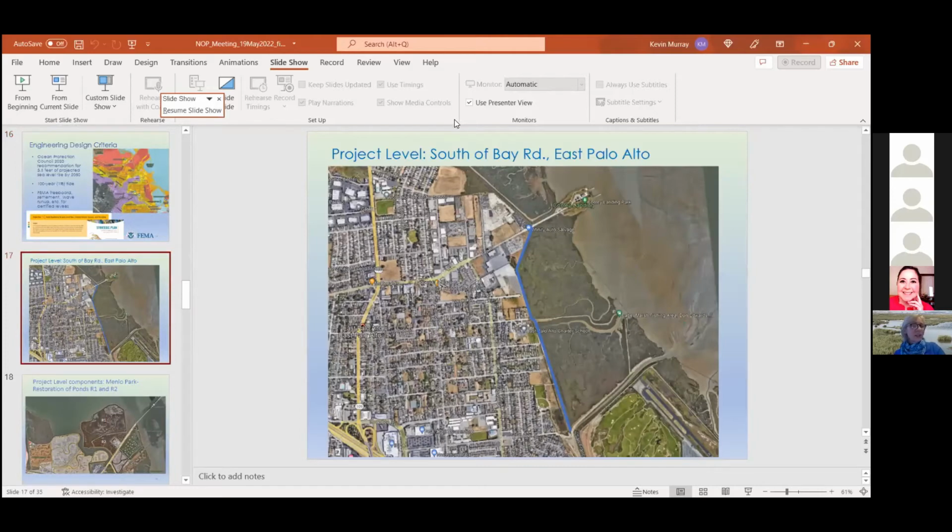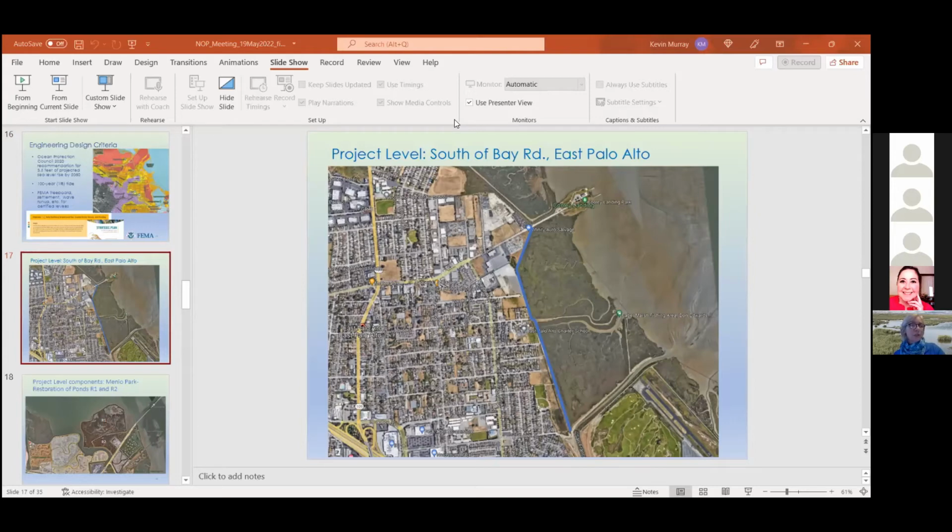So now let's take a look at the project level area in East Palo Alto. This alignment from the 2016 feasibility study was used to create a preliminary list of properties presented in Attachment A of the NOP that potentially may be affected. This list does not mean that the project will seek to acquire or be constructed on the listed parcels.